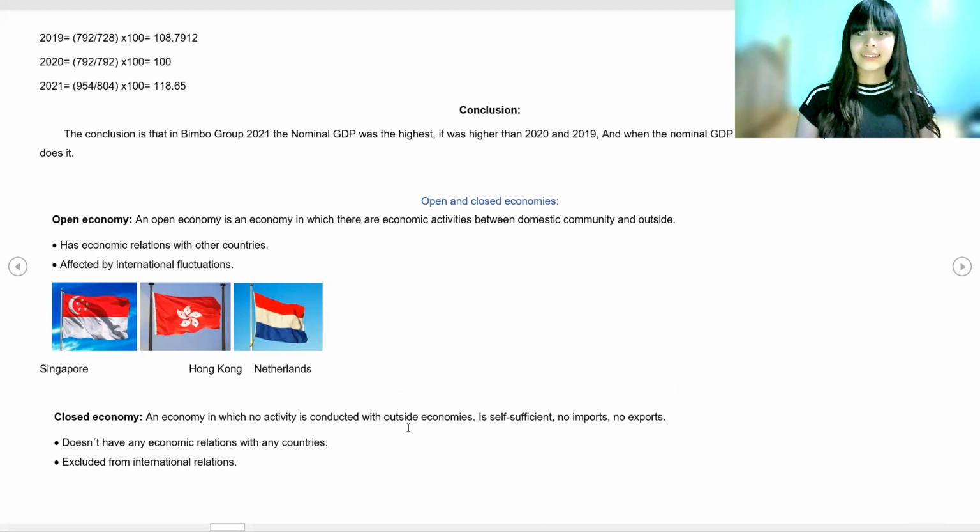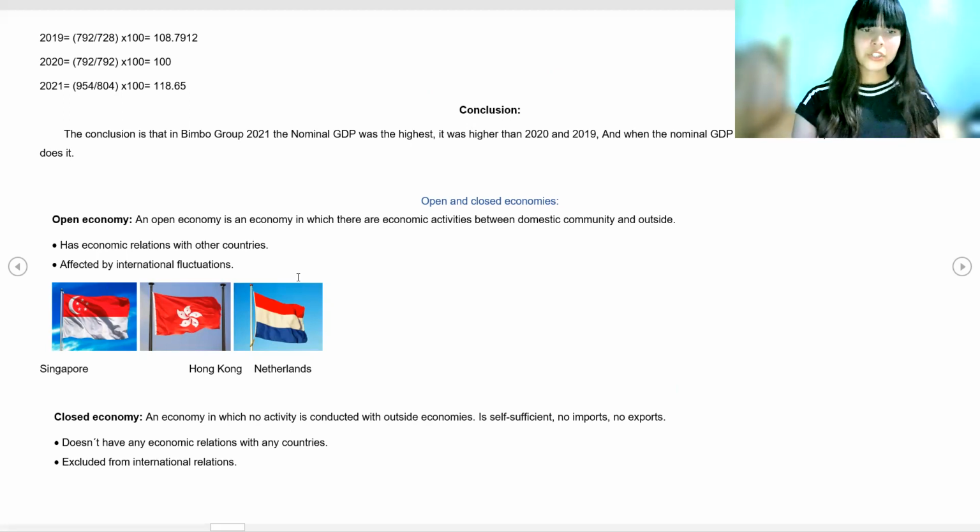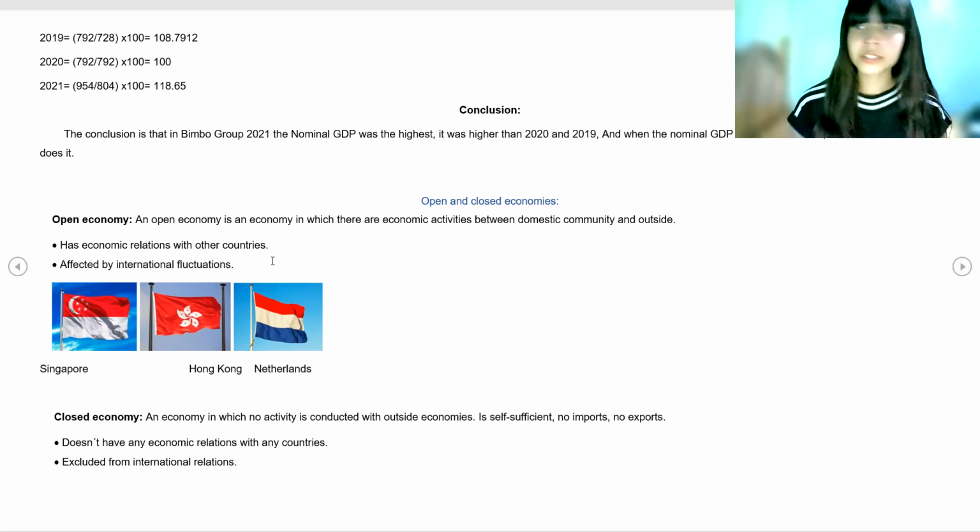And well, in the comparison, we can understand how to identify which one is closed and which one is open. We needed to know that in the open there are international relationships.